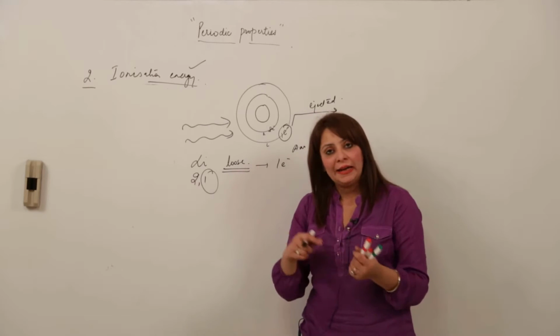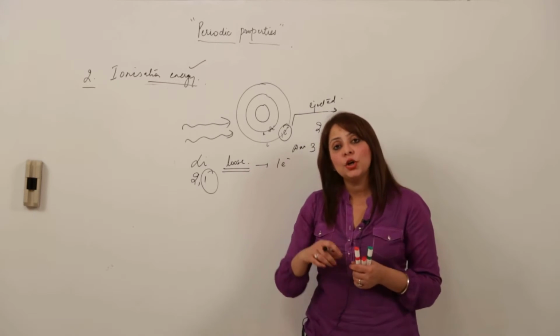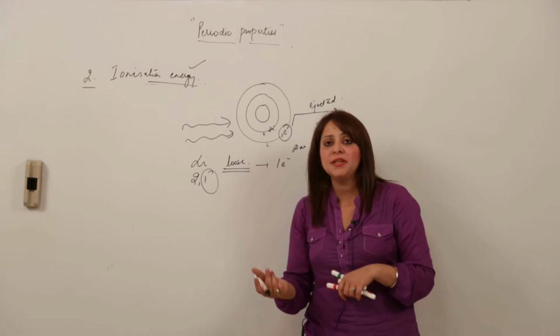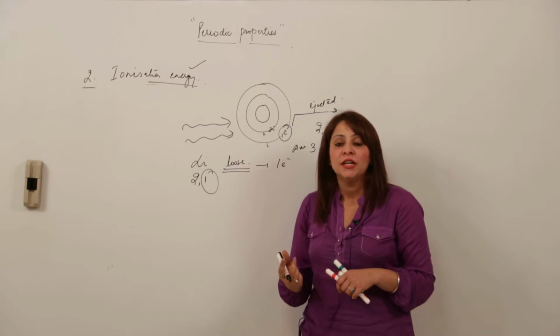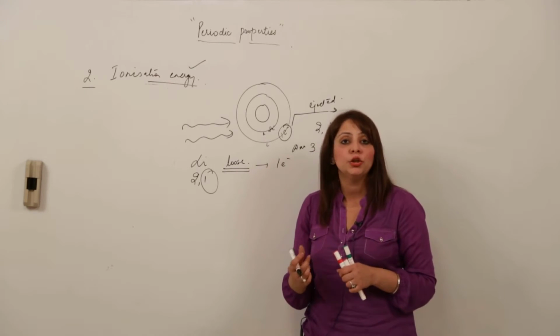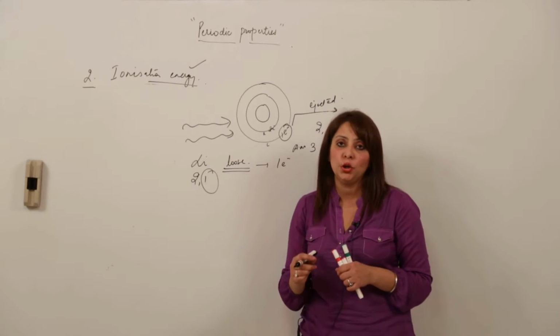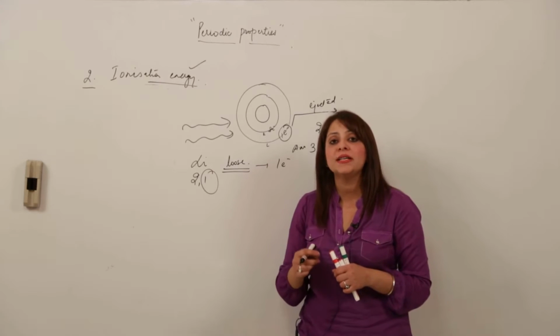Any electron that enters, enters into the valence shell, that means the outermost shell. Any electron which is lost is lost through the valence shell. So any electron entering or going, it is done in the valence shell. Inner shells do not participate at all. In bond formation, the shell which is involved is the valence shell.